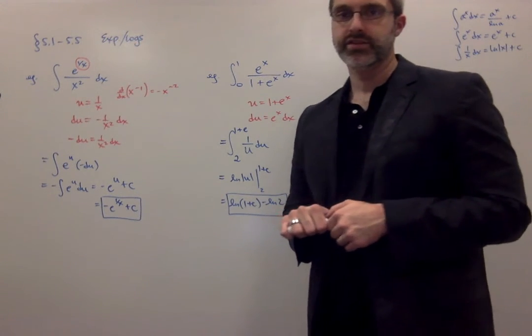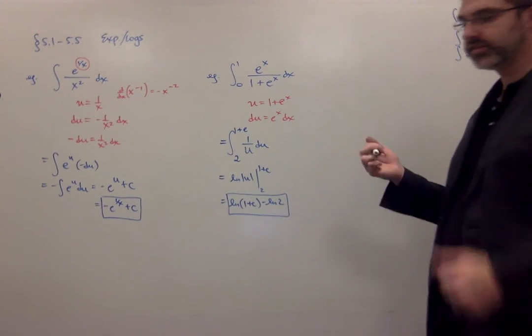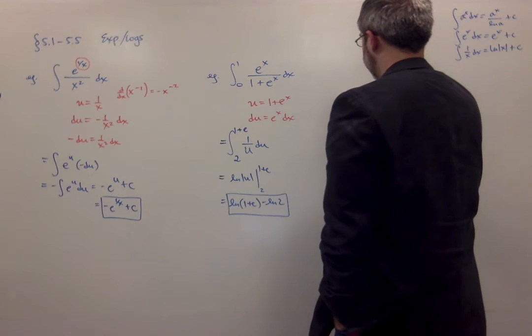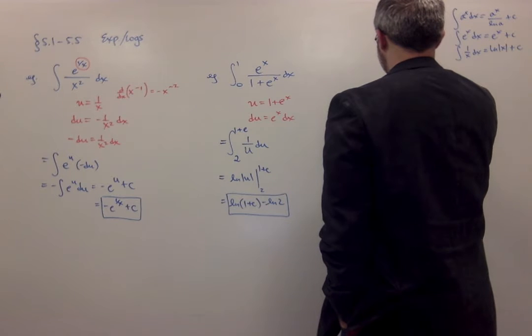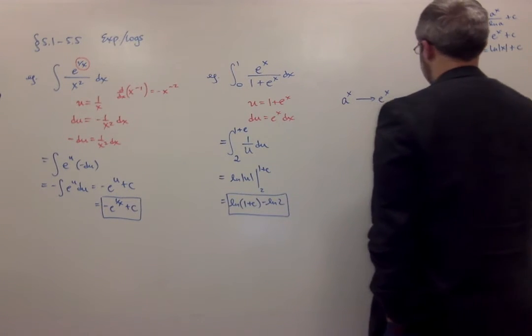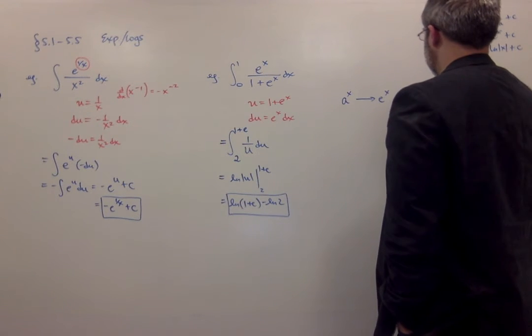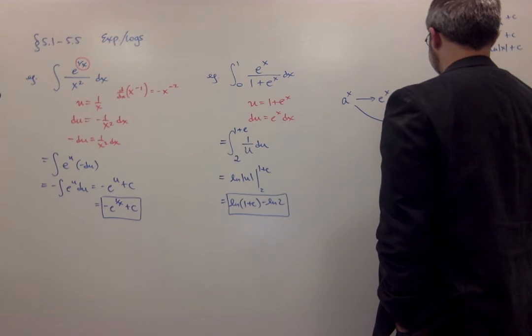One point that I just want to point out here kind of at the end is that when I first made that table, when we first explained these functions, we first developed a to the x, then we used that to develop e to the x, and then we used that to develop the natural log as an inverse, and then we used a to the x to develop the log base a function.